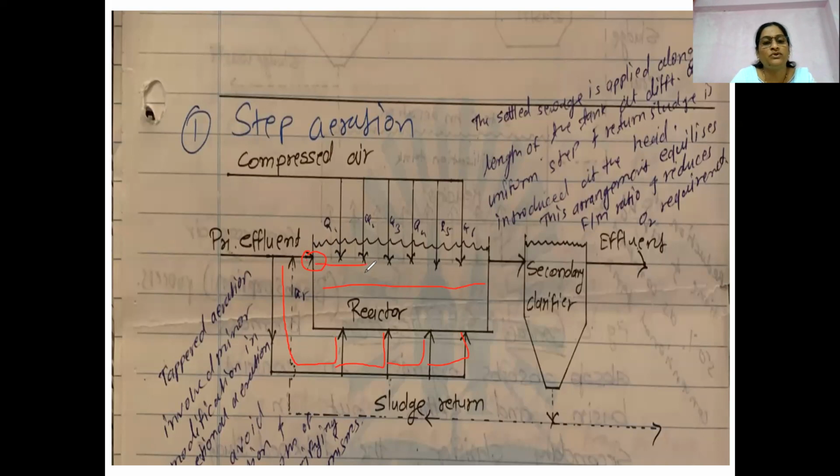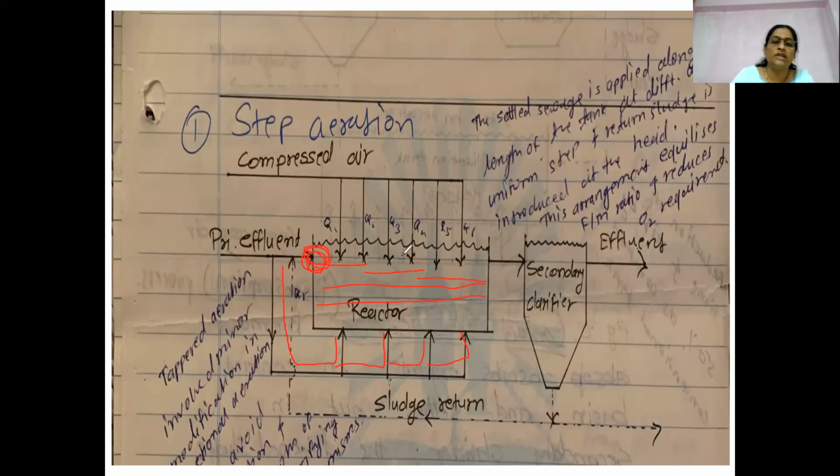The requirement decreases along the tank and is much less at the end. But we add the same amount of oxygen in the entire tank, so excess air is wasted, and electricity and time are consumed.